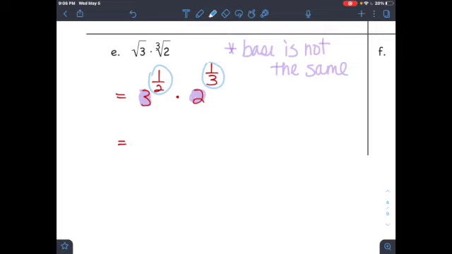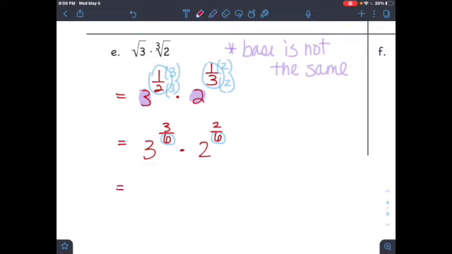So to have the exponents' common denominator, multiply this one by 3 and this one by 2, because the common denominator is 6. So now how we are going to write it is 3 to the 3/6 times 2 to the 2/6. Now, because the denominator is the same, we are going to take out the root of 6.